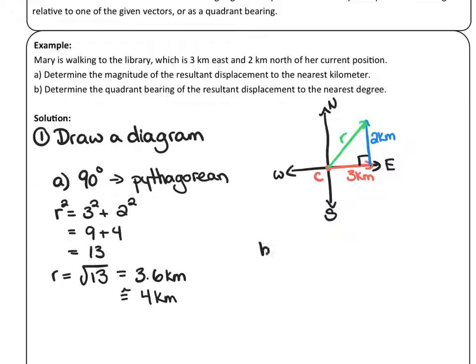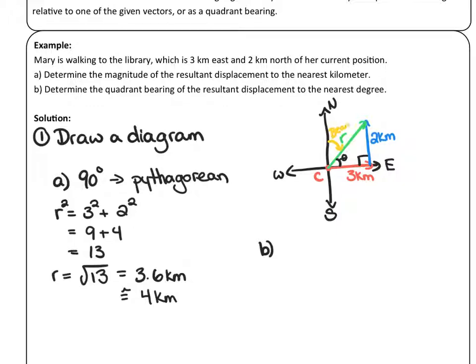Part B says, what's the quadrant bearing of the resultant displacement to the nearest degree? So we have to find out what this angle is, and then we'll find out what our actual bearing is, because remember that the bearing goes from here to here.